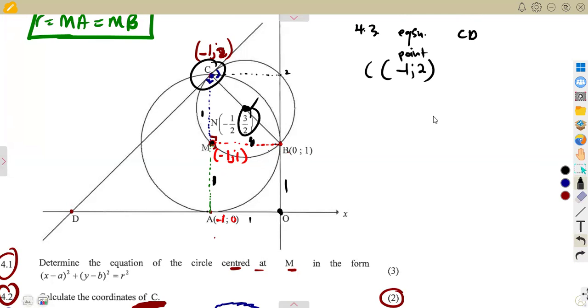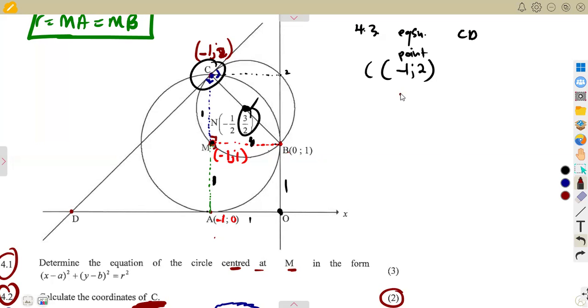The point is there. So the gradient now, that is the perpendicular part, is where it is going to play a role: the tangent and the radius, or the diameter, the line BC, the line C to this point, whatever you have there, they are perpendicular.